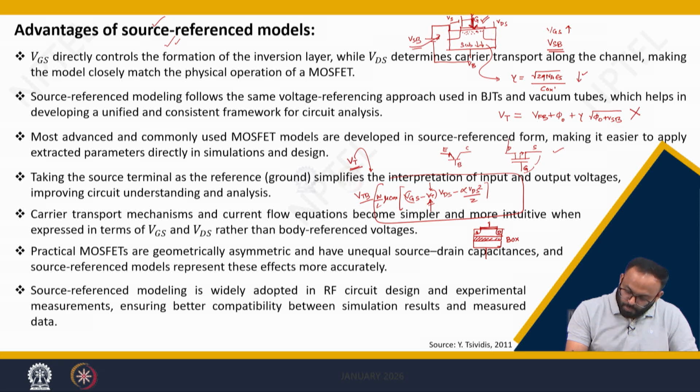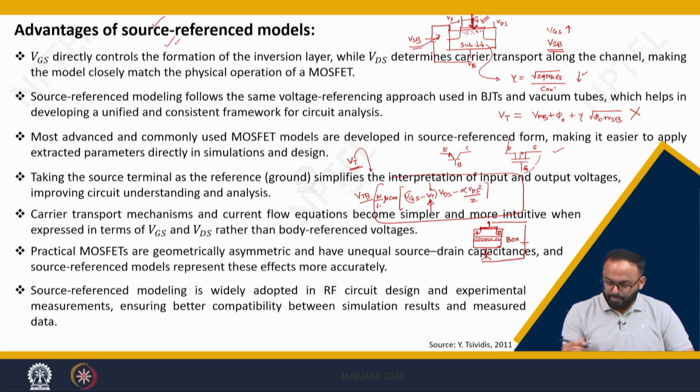If you measure this voltage with respect to body, ultimately you are killing this terminal. It's better you measure this gate voltage with respect to source and use this terminal as another gate terminal. So you can use this device as a double gate device, right. In that sense also the source reference model is preferable.